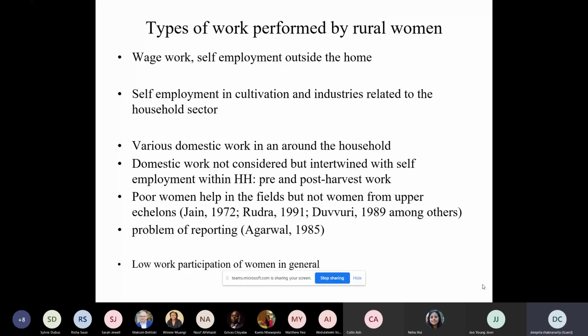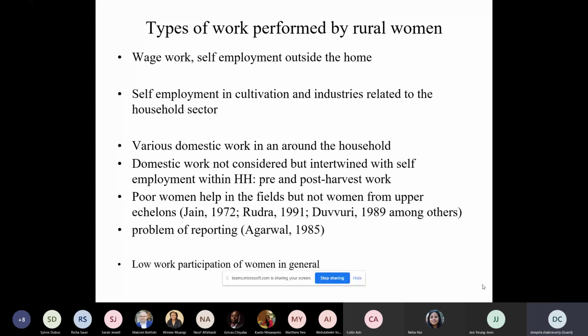But women of the upper echelon in rural India also work closely with production related chores at home, in the sense that they participate quite a bit in terms of seeds, and in husking of rice, the paddy, and so on.